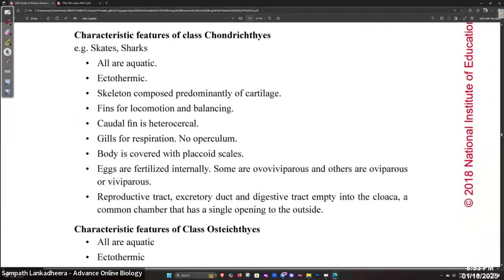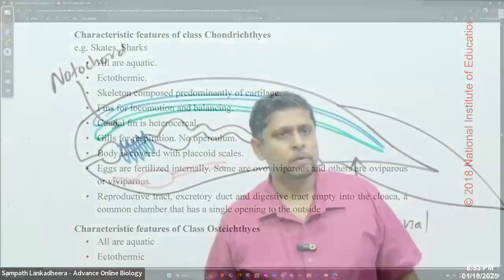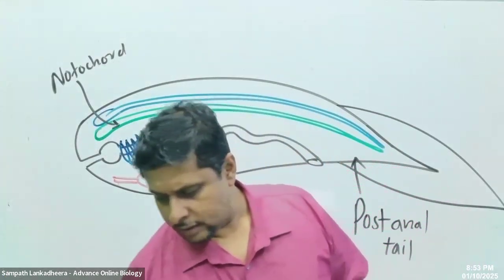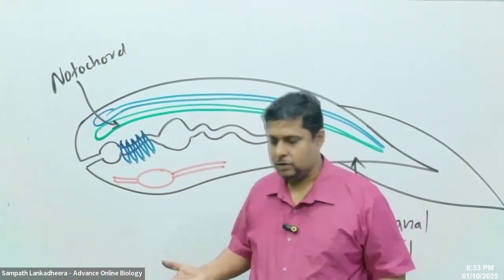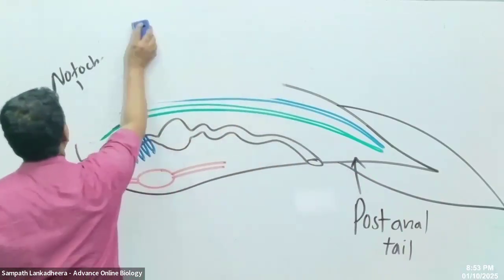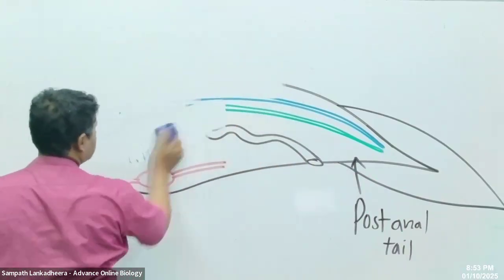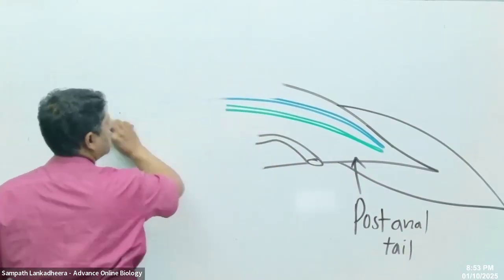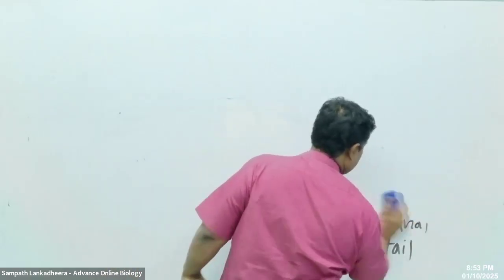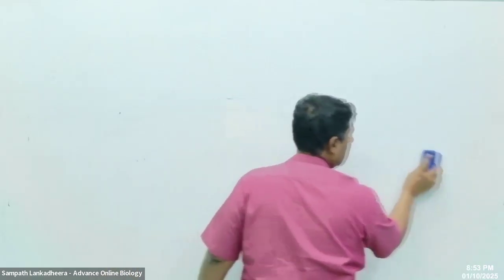Right, now we have to discuss, people, the characteristic features of chondrichthyes, cartilage fish.